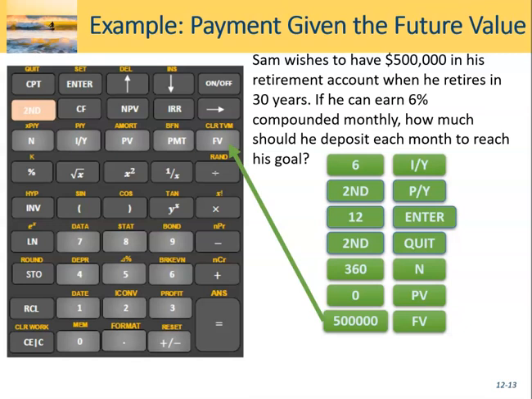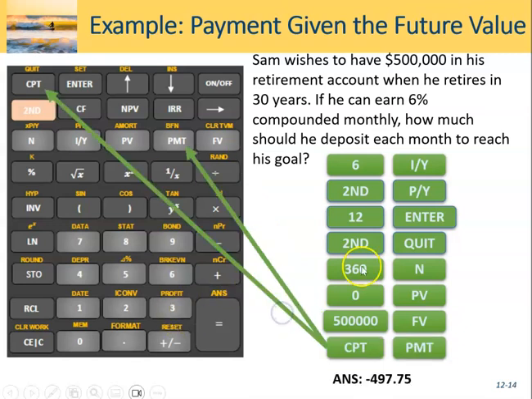Money coming in is coming in as a positive number. So when we go to hit compute payment, you're going to get a negative amount. There we go. So compute payment, the answer is $497.75 negative.